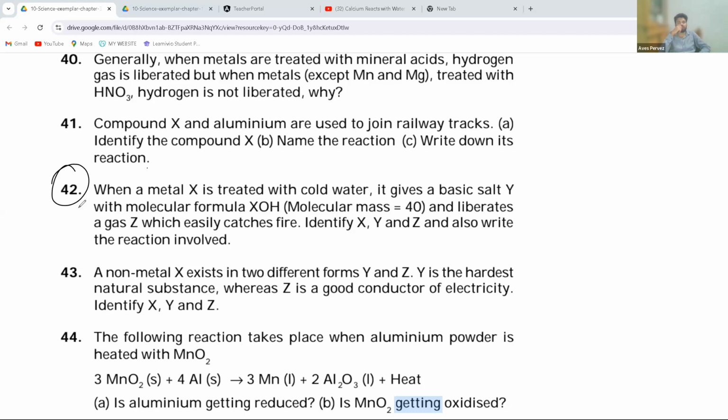Aisha, can you tell me the reason why X is sodium? Molecular mass is 40. Sodium has molecular mass 23, and that of calcium is 40.